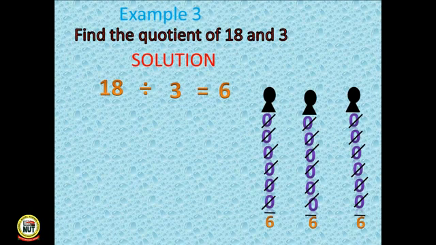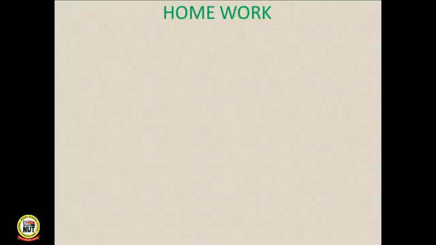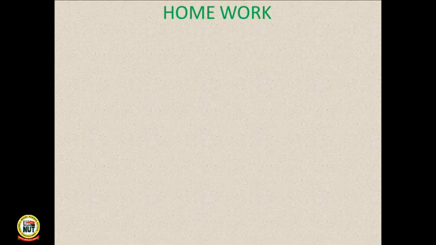Well done. Very good. So we have seen 3 examples. Now at this point, are we ready? Very good. Now let's see our homework question. I want you to solve this question.